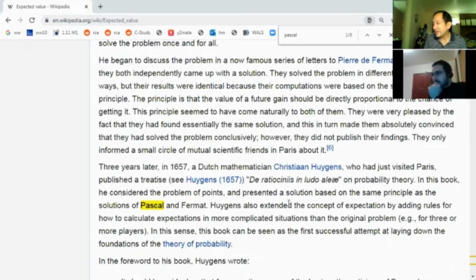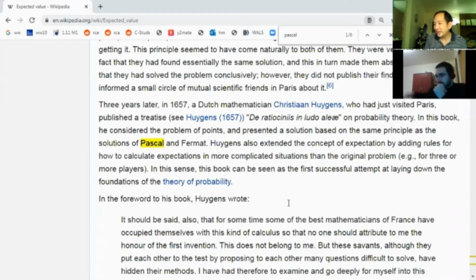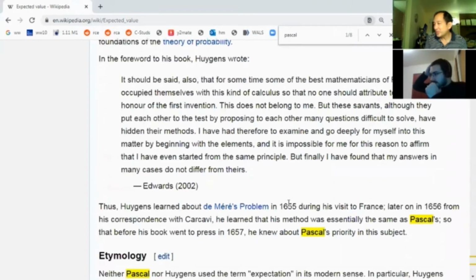Huygens extends the concept of expectation by adding rules for how to calculate expectations in more complicated situations than the original problem, e.g. for 3 or more players. In this sense, this book can be seen as the first successful attempt at laying down the foundations of the theory of probability.